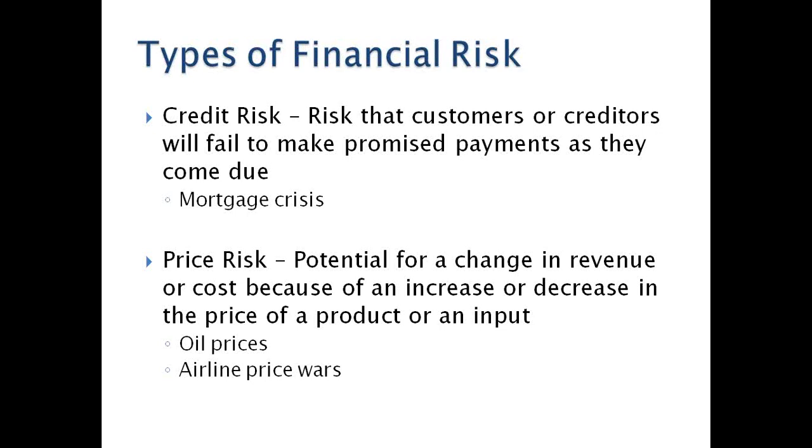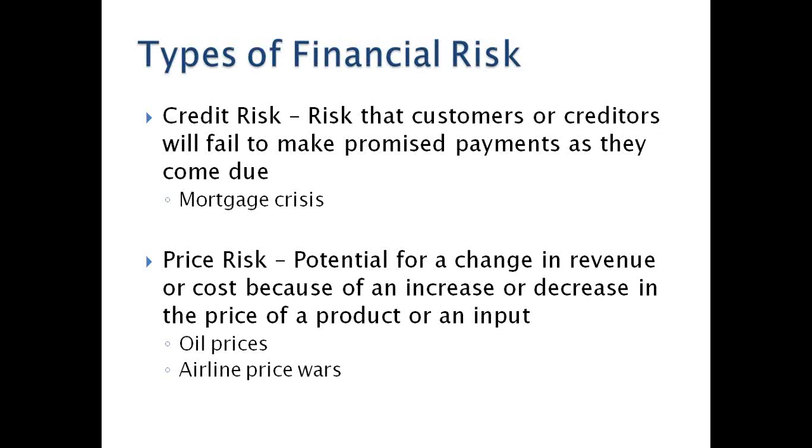Well, for the most part, because of the higher price of fuel, some airlines had to raise their prices. And so those that had to increase their prices saw a decrease in revenue, essentially, because of the higher price they had to charge.